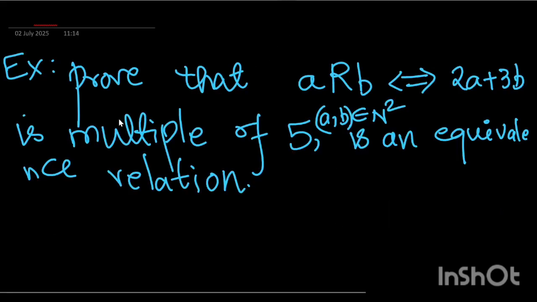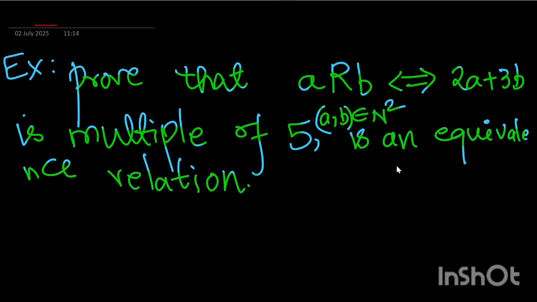In this example, we have to prove that if R is any relation, aRb if and only if 2a plus 3b is a multiple of 5, when a and b are natural numbers, (a, b) belongs to N squared, then this is an equivalence relation.